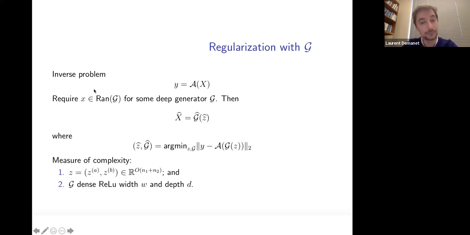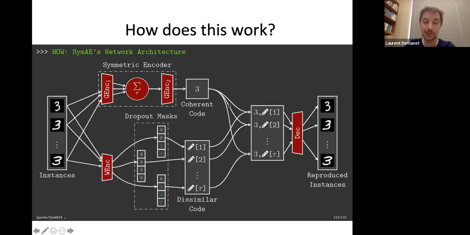So the new thing is that we require that this capital X is in the range of a generator, for some deep generator that gets trained alongside the determination of the latent variables. So you know that your X needs to be of the form script G of Z. So going back to my previous slide, those codes in the middle, that's going to be Z, and the decoder here is going to be script G, that's the generator.